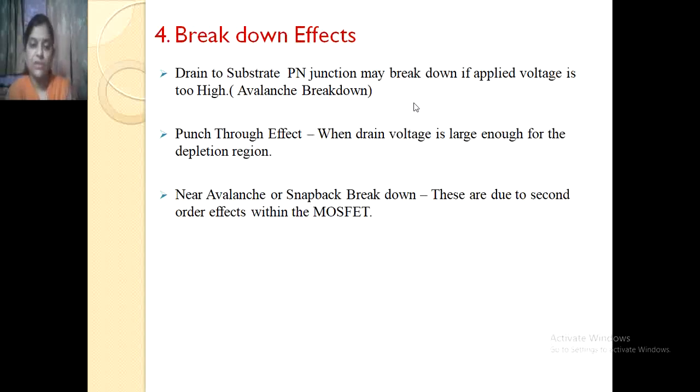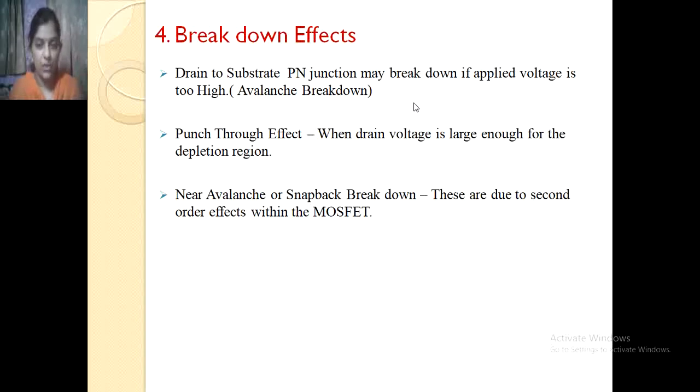Then the punch through effect. What does punch through effect mean? When the drain voltage is large enough that the depletion region extends through, that is known as the punch through effect. So what is the punch through effect?